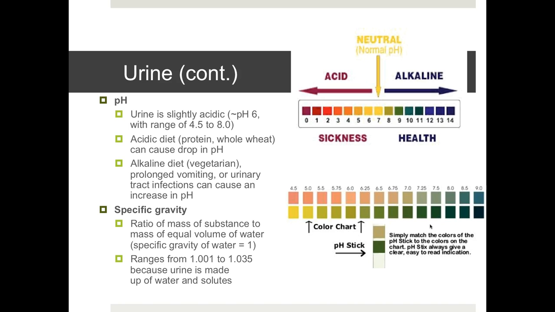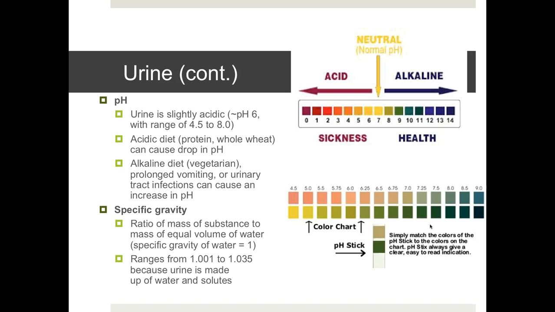And then we are going to talk about specific gravity here. Specific gravity is going to be a ratio of mass of a substance to mass of equal volume of water. And specific gravity of water is 1. So what does all that mean?